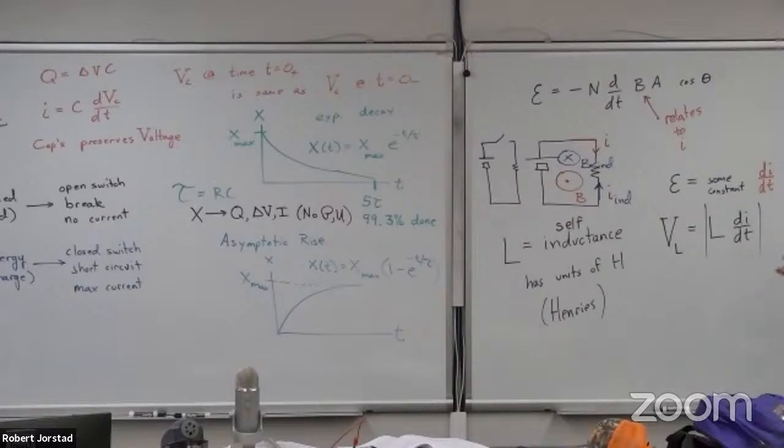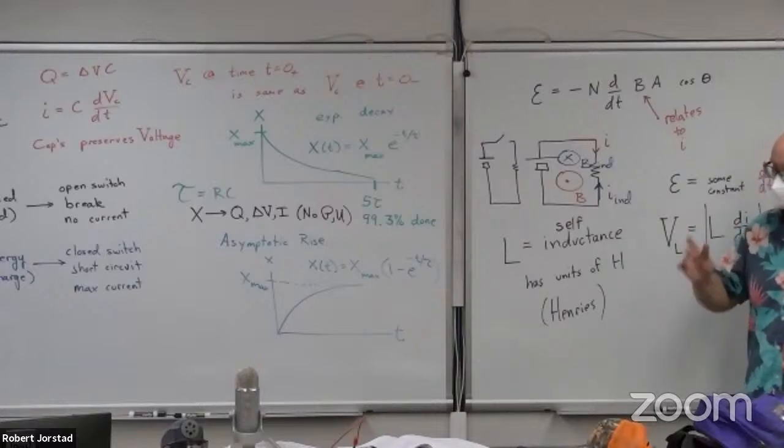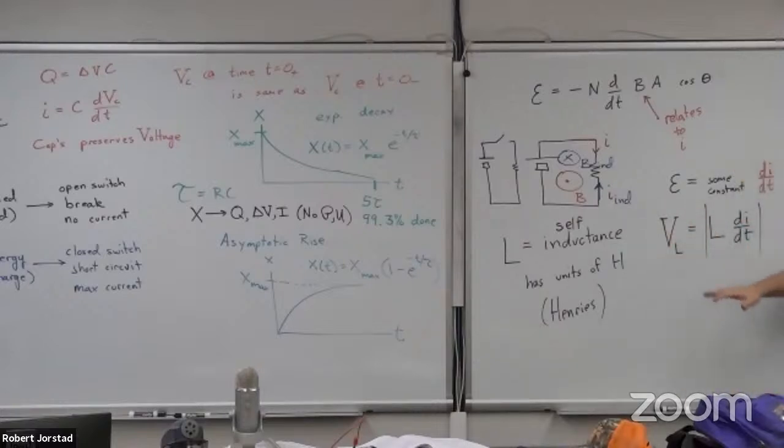Crazy. So what I'd like to do is write down RL transients, but I need the whole board to do it. So I'm going to have to erase some of this and save this one piece and this piece. Before I erase this, any questions on that? Good? All right.